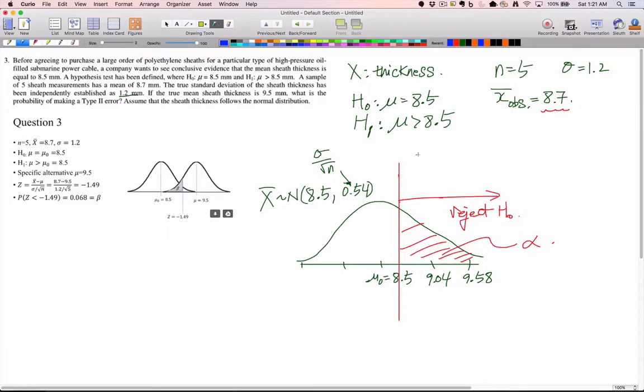And again, if that were to be true, then to compute the type 2 error, below here I'm going to draw the true distribution of x bar should mu be equal to 9.5. Okay, so if mu truth were to be equal to 9.5, then 9.5 is somewhere over here.